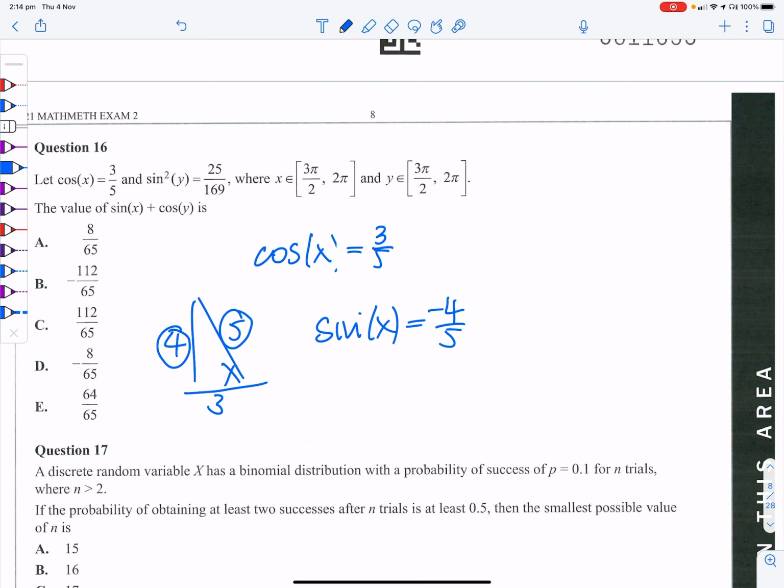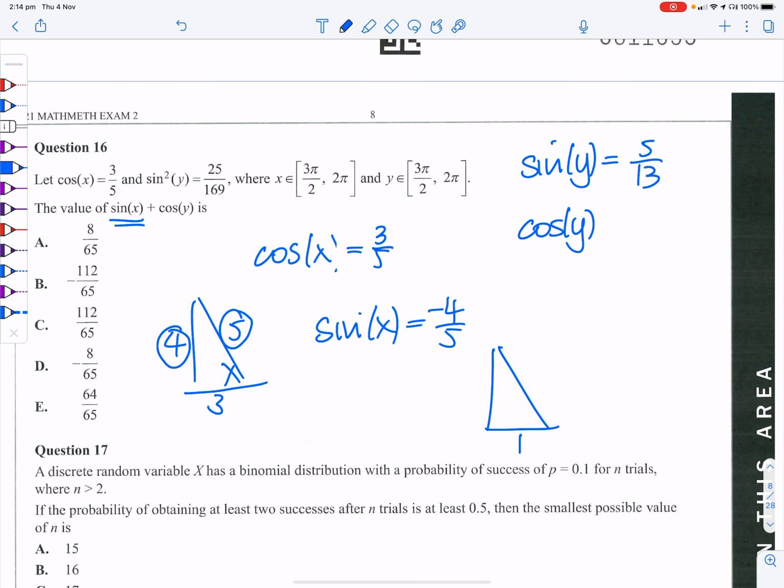Y, because we're trying to find sine of x plus y, cos of y, if we solve sine of y, we've got to square the right-hand side, and we get 5/13. So cos is 5/13, so the other side's got to be 12.